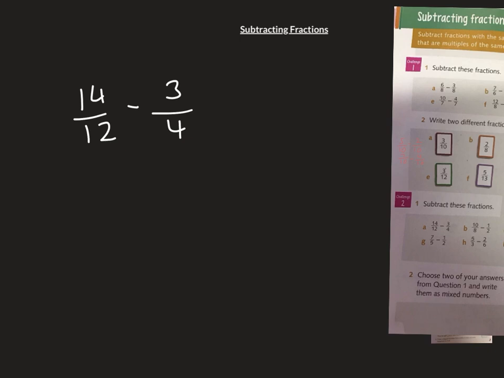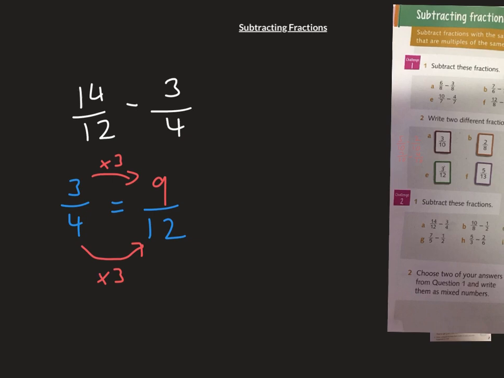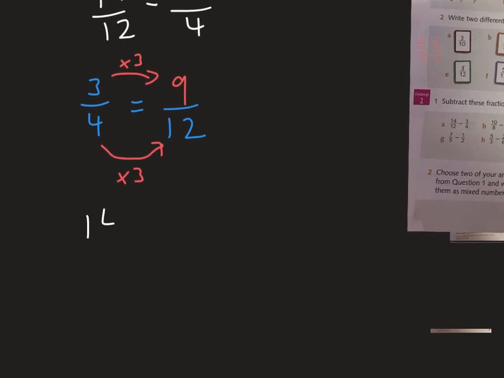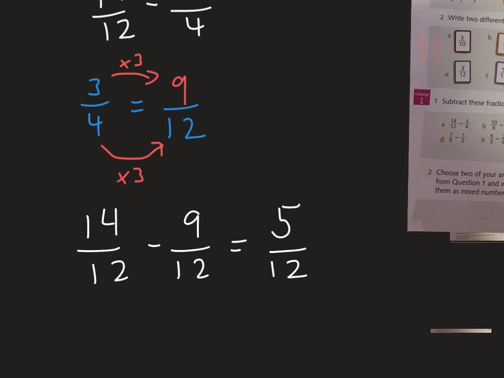So let's change 3/4 into twelfths. And the rule here again is you do the same to the bottom as you do to the top. So 4 times 3 is 12 and 3 times 3 is 9. Now that makes our sum a little easier to do. It's 14/12 take away 9/12. Denominator stays the same. 14 take away 9 is 5, so our answer is 5/12.